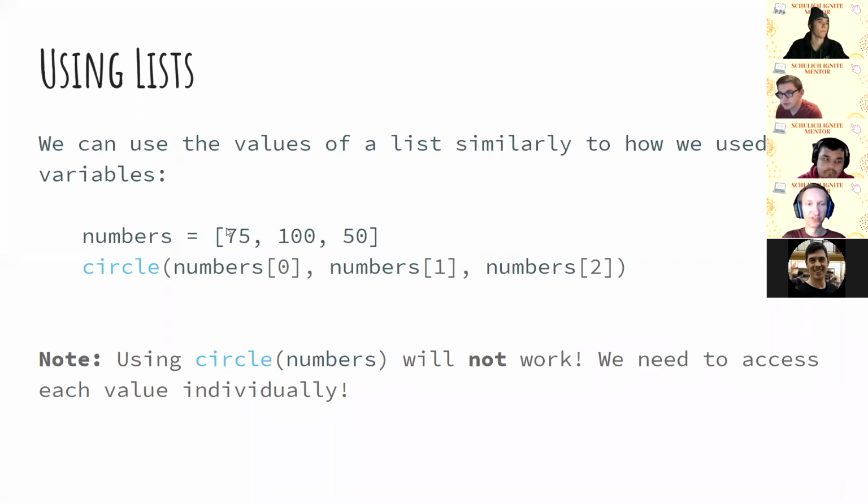So that's going to give us the 75. This one's going to give us 100. And there we're going to have 50. If we try to just use circle with the list, that doesn't work because it's only one value, one argument that we're putting in. And circle is looking for 3 different arguments, so you do need to be accessing each value individually.